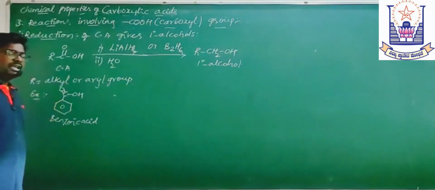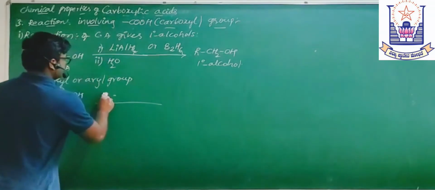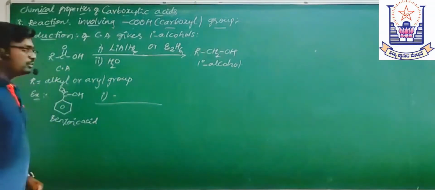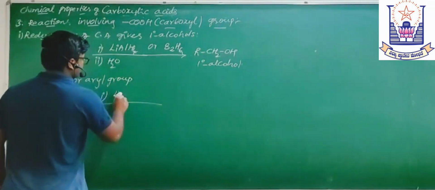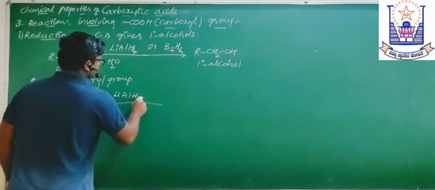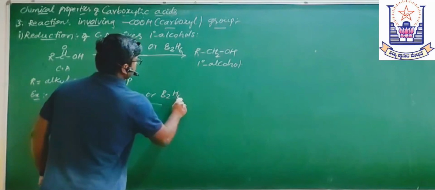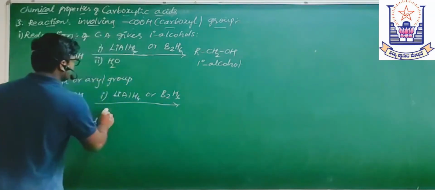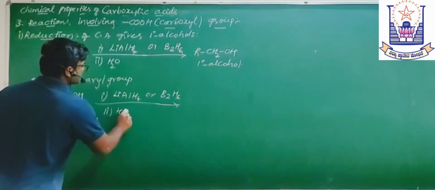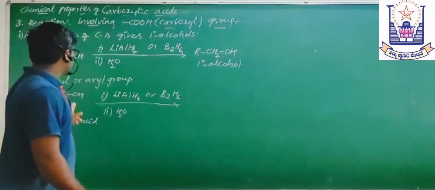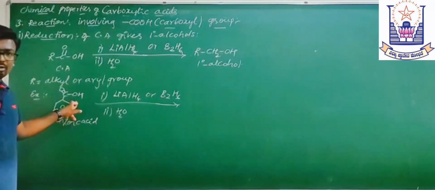When this benzoic acid is treated with lithium aluminium hydride, or diborane, followed by hydrolysis, you will get the corresponding primary alcohol.